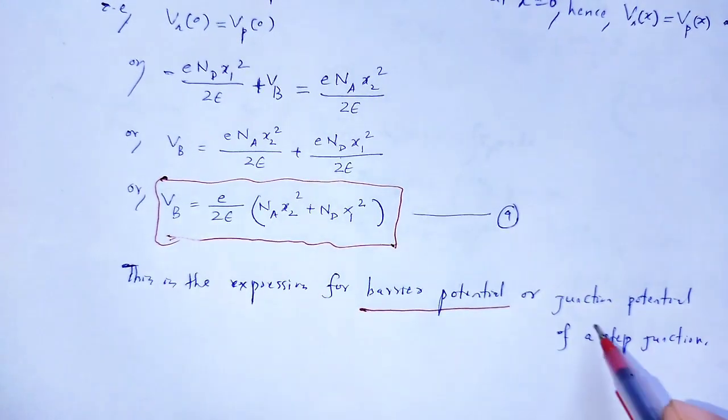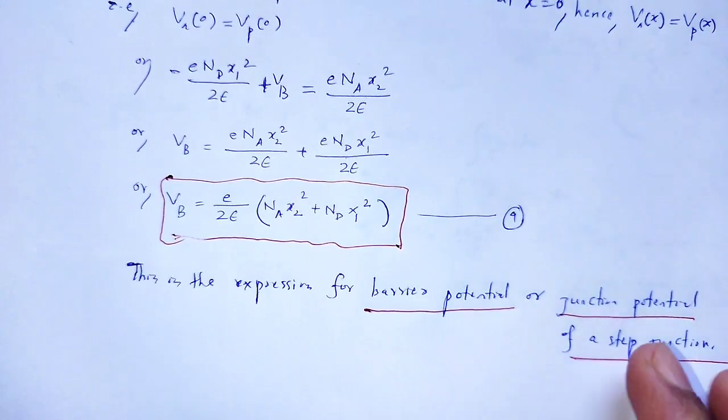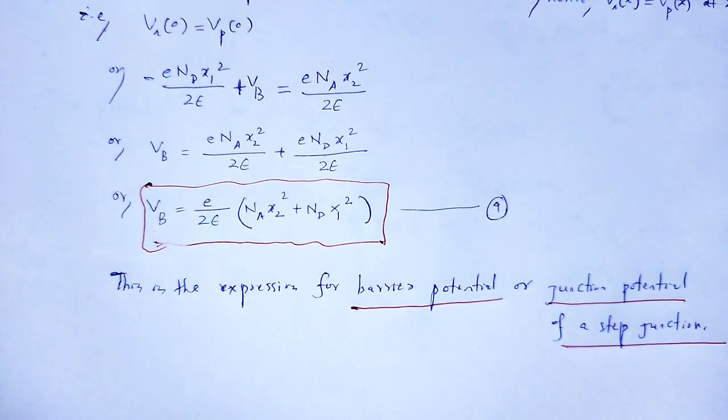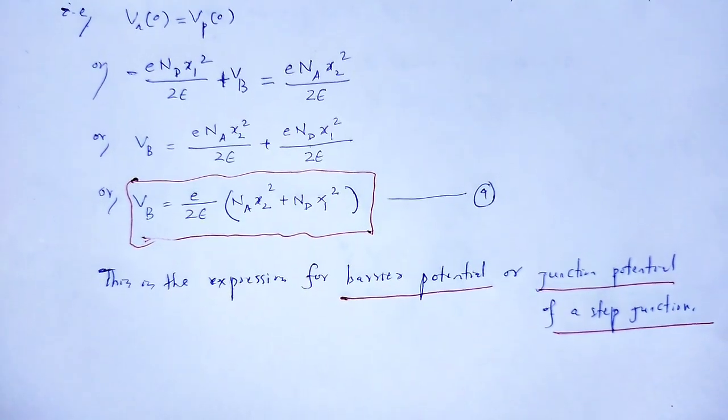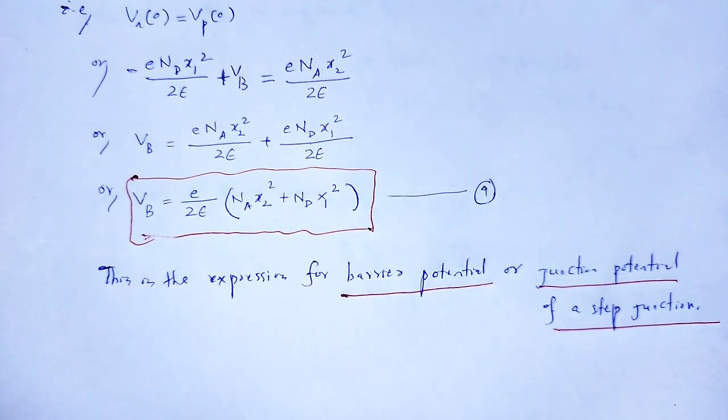Expression for barrier potential or junction potential of a step junction. From that expression, we can also evaluate the barrier width.